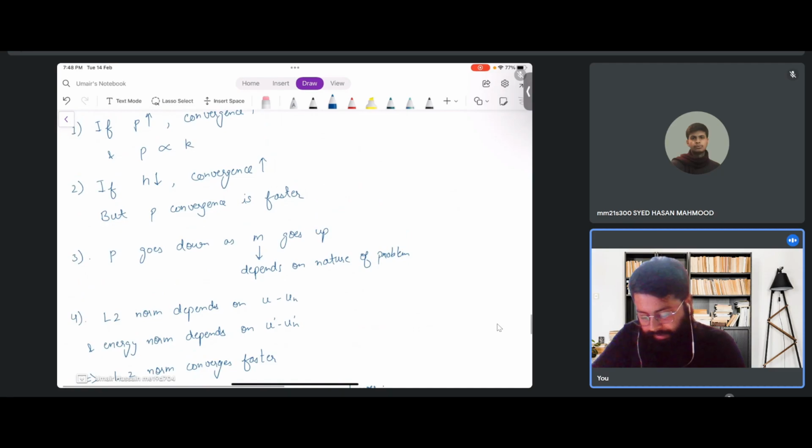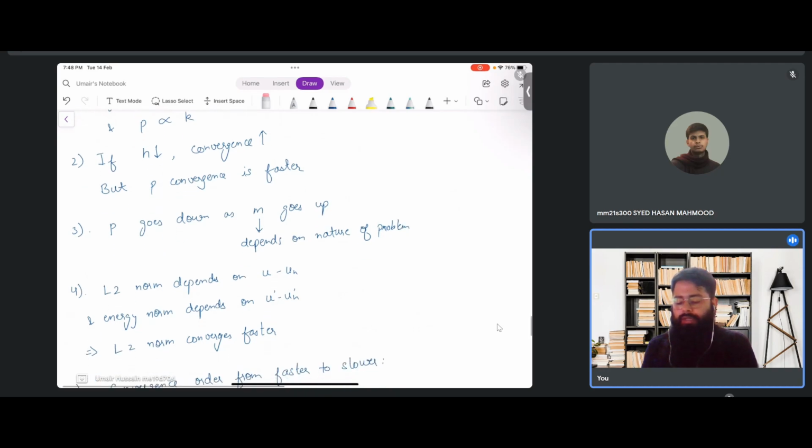So let me clarify this point four. Points three and four actually are combined. As m goes up, p goes down. So increasing m basically reduces the convergence, and increasing m is basically the order of the equation or the derivative. The higher the derivative we are dealing with, the slower the convergence is.